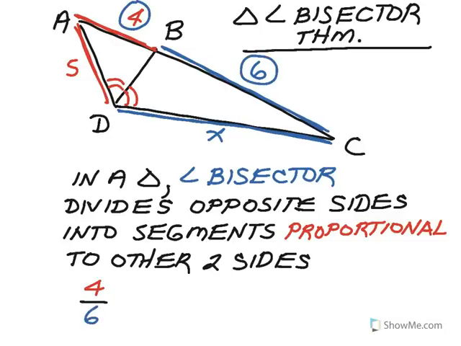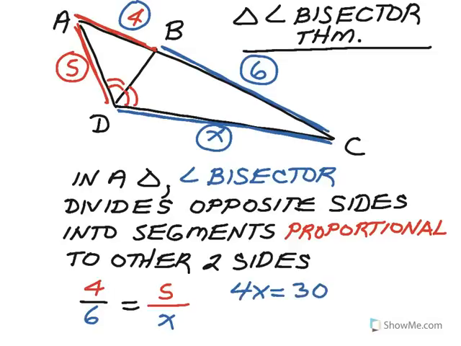Its ratio to that side is going to be the same as the ratio of the red piece over here, 5, this leg of the triangle adjacent to the AB, is to X. So I just went as 6 is to this X here. So then that's easy enough to solve. 4X is 30, and so X is 7.5.